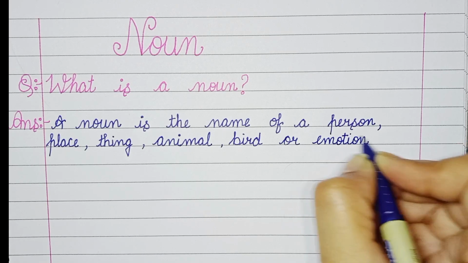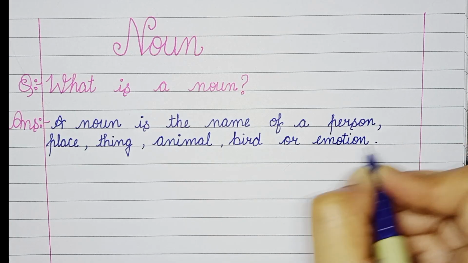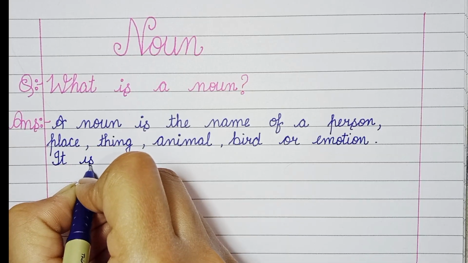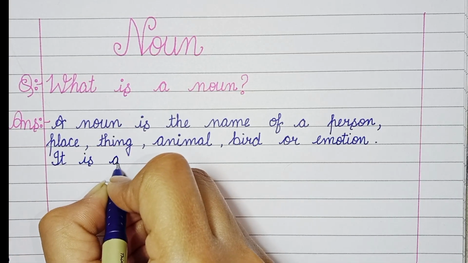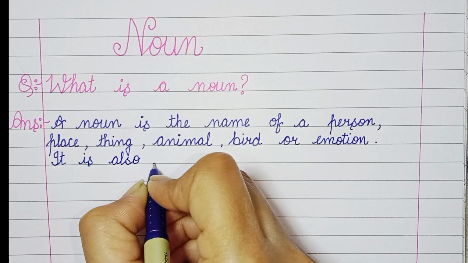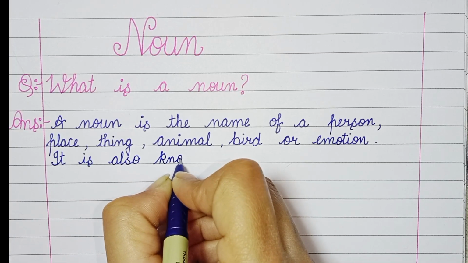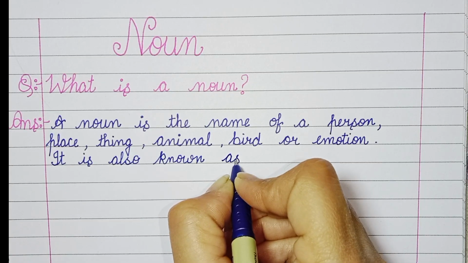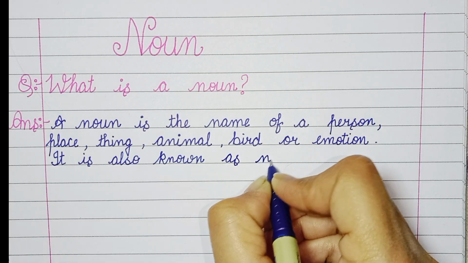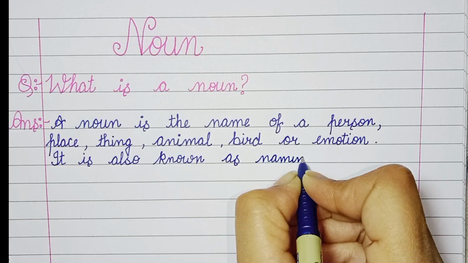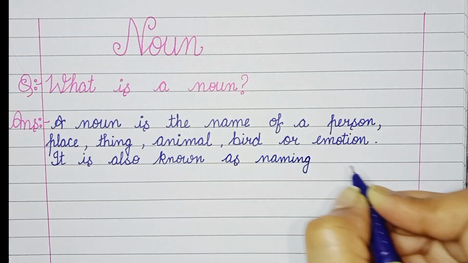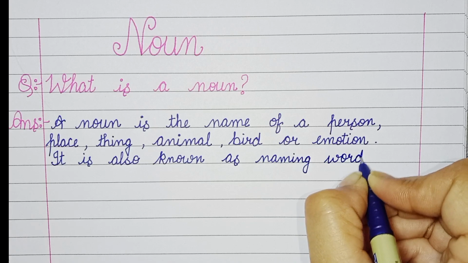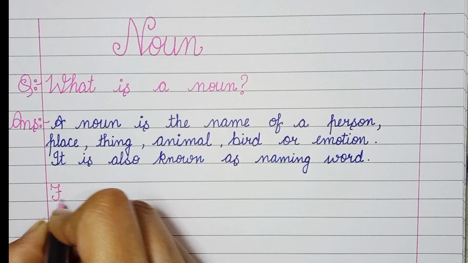A noun is the name of a person, place, thing, animal, bird, or emotion. It is also known as naming word.